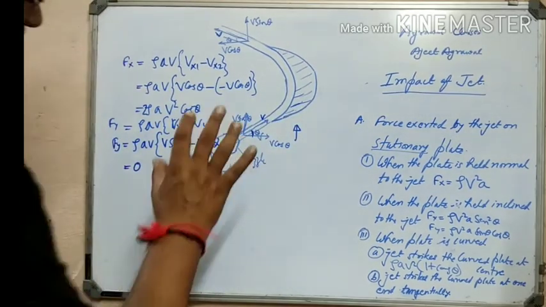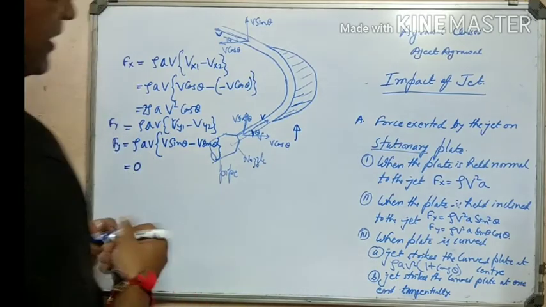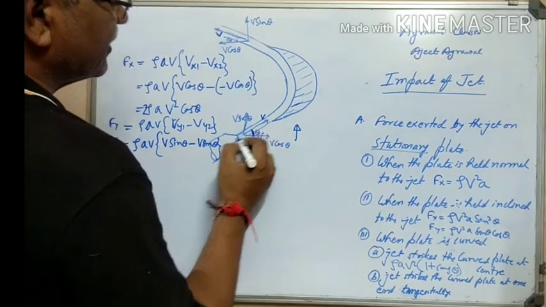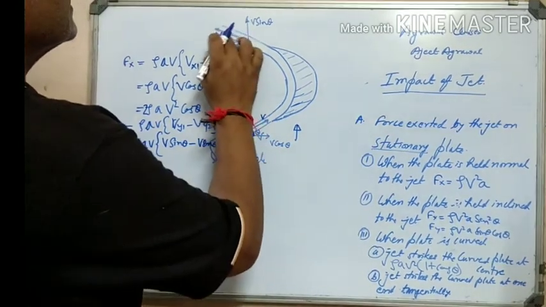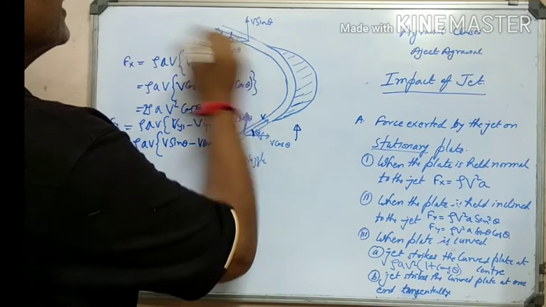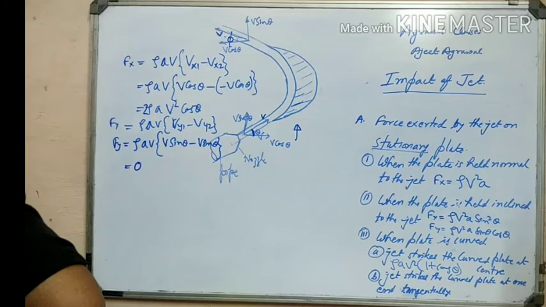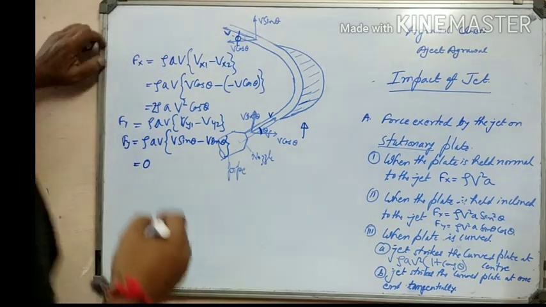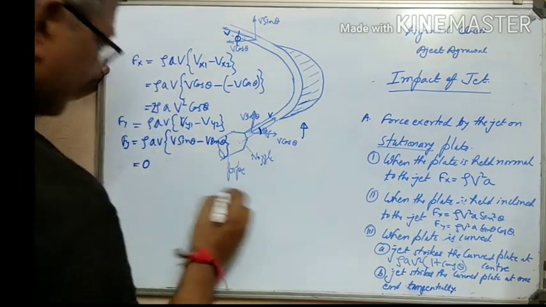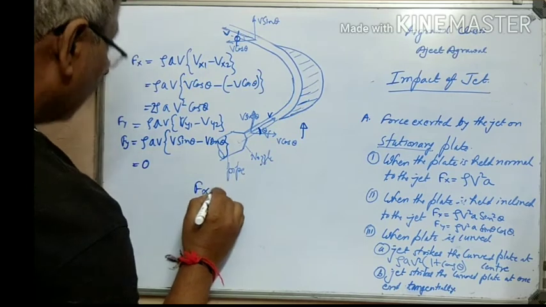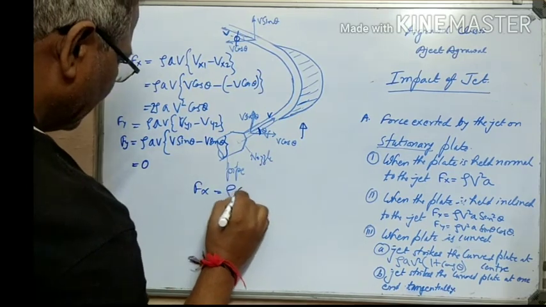We have seen so far that the blade is symmetrical, but say the inlet angle of the blade is theta and the exit angle of the blade is phi. Then what will happen? In that case, Fx will be equal to rho a v (Vx1 minus Vx2).